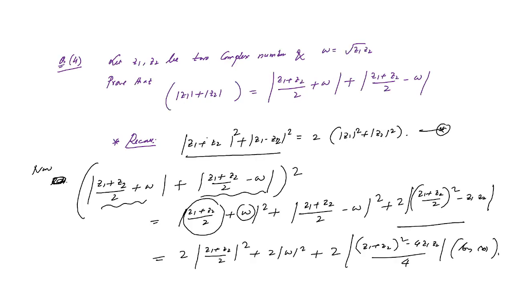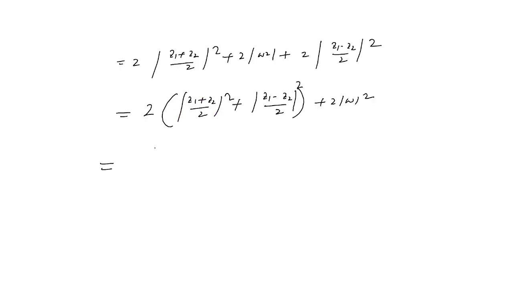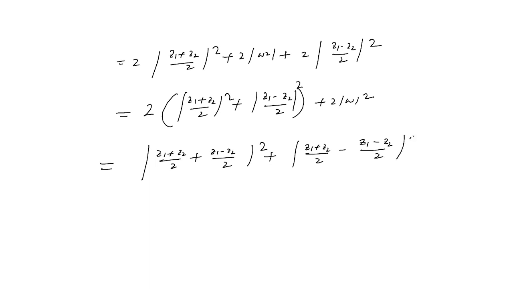Again use the formula in reverse way: 2(|z1|² + |z2|²) equals |z1 + z2|² plus |z1 - z2|². So it will be |(z1+z2)/2 + (z1-z2)/2|² plus |(z1+z2)/2 - (z1-z2)/2|² plus 2|w|².